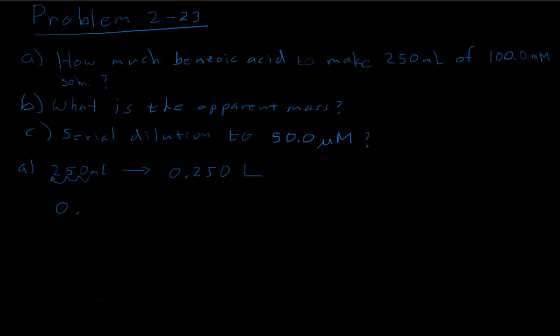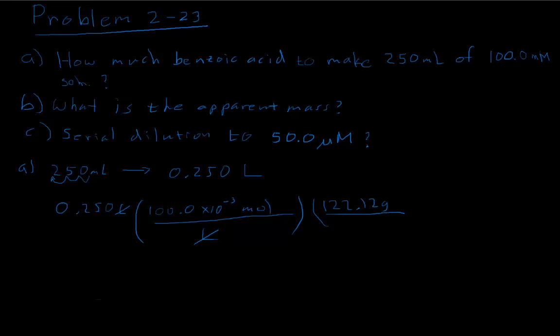So we've got 0.250 liters times our molarity, which is 100.0 times 10 to the negative third moles of benzoic acid per liter of solution. My liters cancel out. Then I'm going to use the molar mass of benzoic acid that was given in the problem, 122.12 grams of benzoic acid per mole.